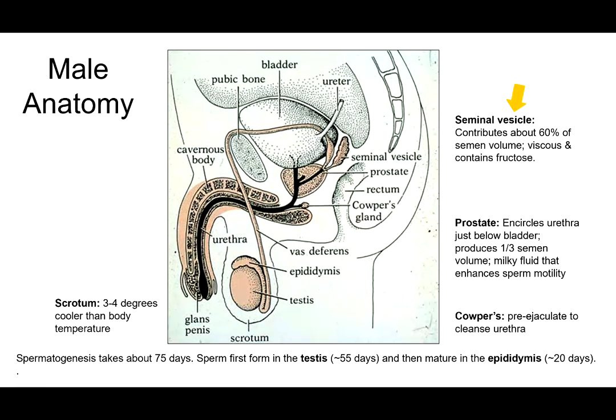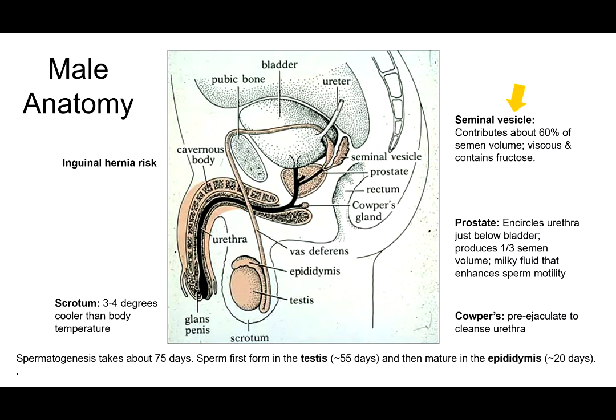I want to point out something really interesting that happens with this anatomical structure. Notice how you have the scrotum with the testes and the epididymis hanging below the body, in this scrotal sac. Notice that the vas deferens then has to travel up and over that pubic bone.